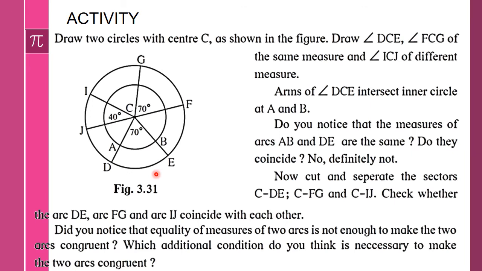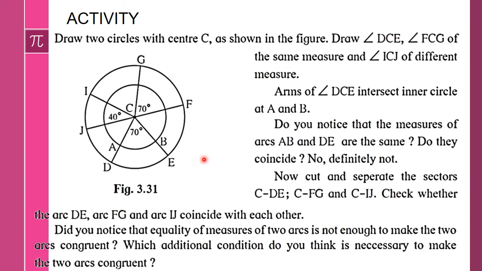That is because they are arcs of the same measure in different circles, and both circles have different radii, and for that reason AB looks smaller than DE, though their center is the same and the central angle is equal. But since the two circles are of different radii, AB and DE are not congruent.